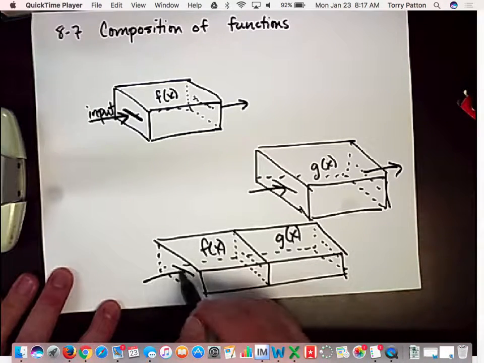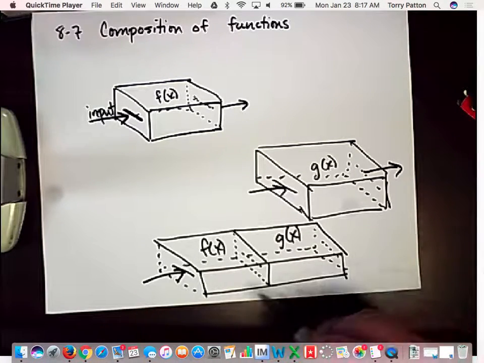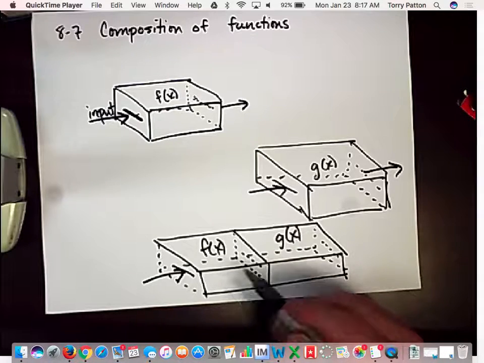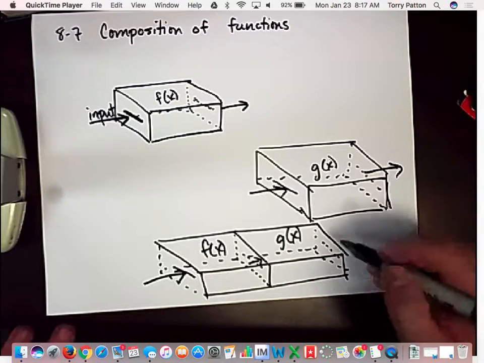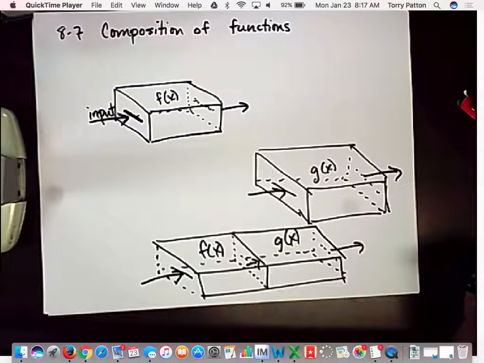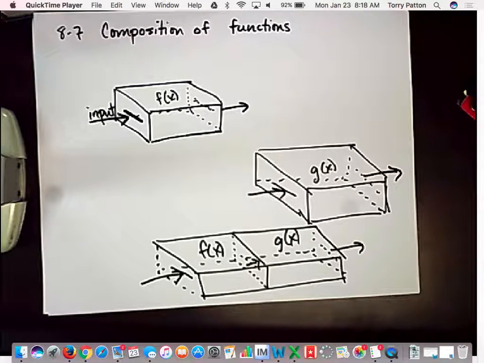You plug an input into f, it does the rule, it spits it out here, but it immediately becomes the input for g, and then you have a final output. That's what composition of functions is. Sometimes they can line 3 or 4 of them up, okay?